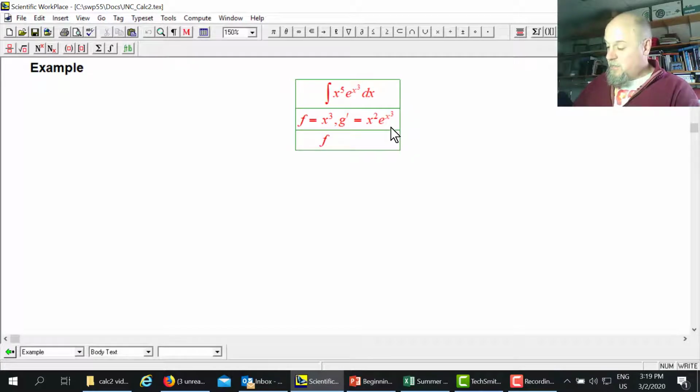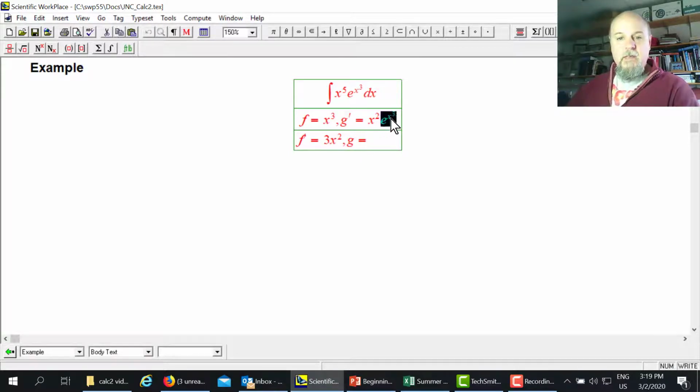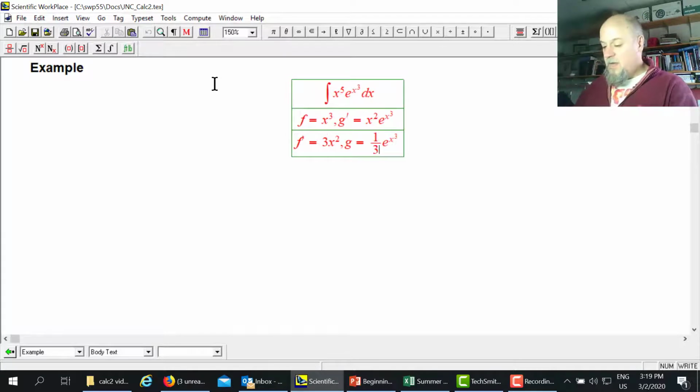When I differentiate the x cubed, I get 3x squared. And when I integrate the g, I'm getting this e to the x cubed, so times a third. Where does the third come from? If I were to differentiate this, I would get e to the x cubed times 3x squared.